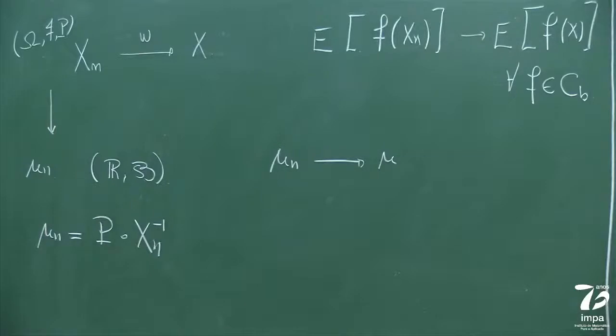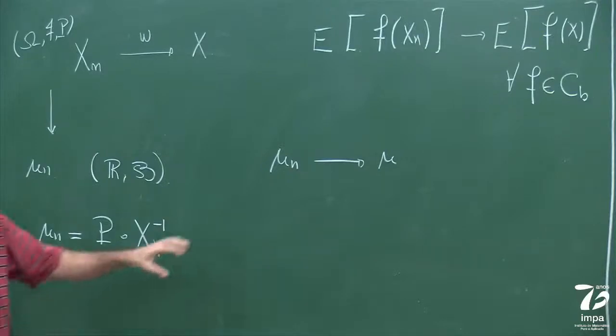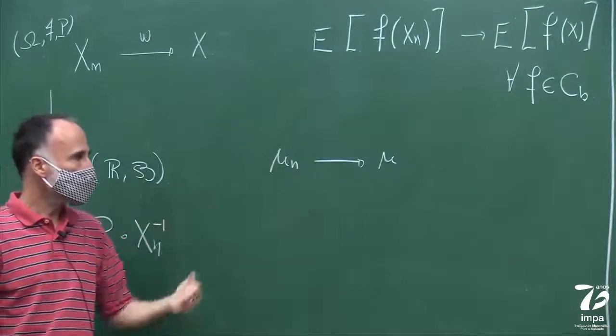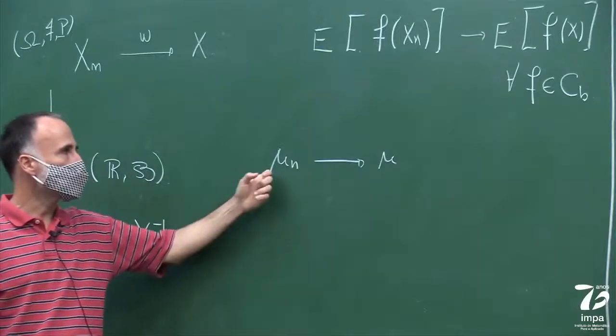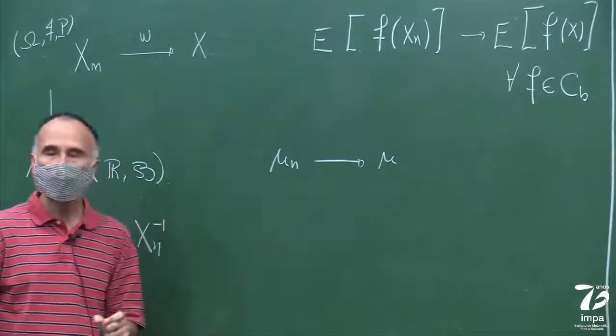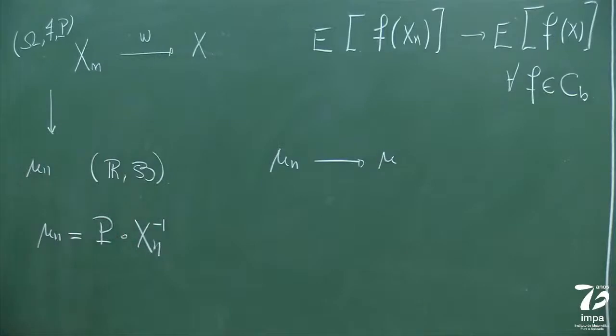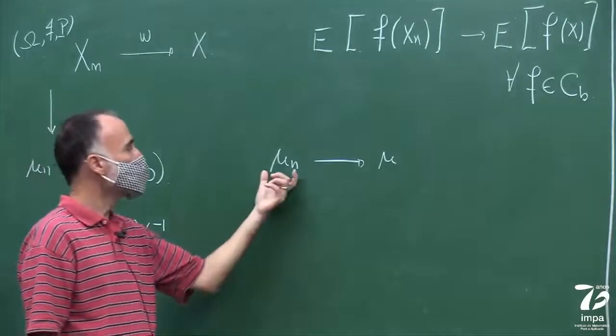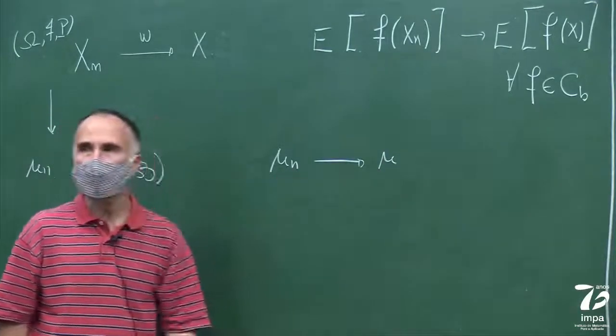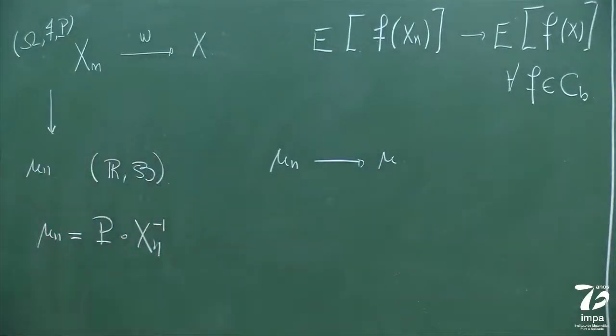And how do you prove this type of results? Well, the typical method in which you prove this result is by showing first that this sequence mu n is compact, which is tight. So there is a compact which contains everything, and then you show that you characterize the limits of the converging subsequences.